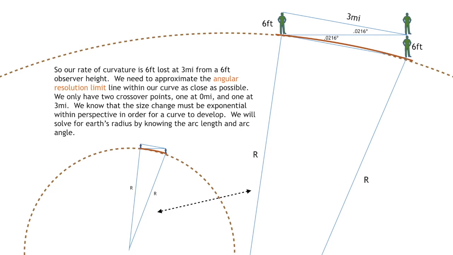Can't be linear. So we will solve for the Earth's radius by knowing the arc length and arc angle. You can see here we've just taken our 2 triangles, placed them against a curve for a person walking over at that rate of 6 foot loss over 3 miles, and we have then extrapolated it along a greater circle.